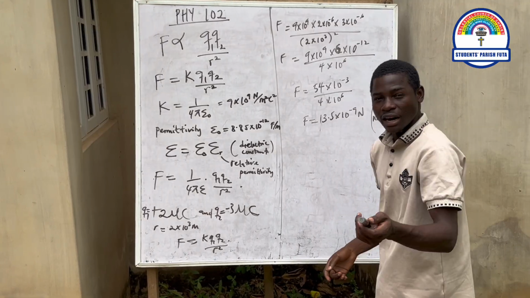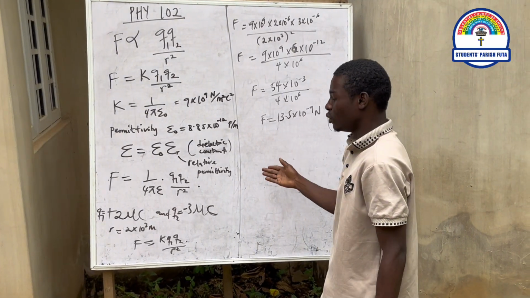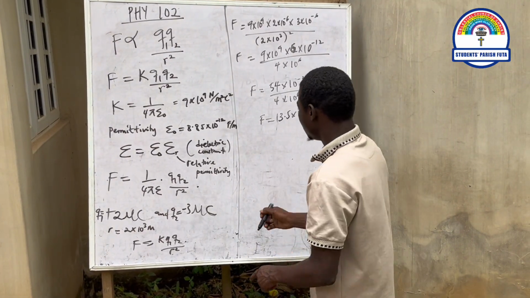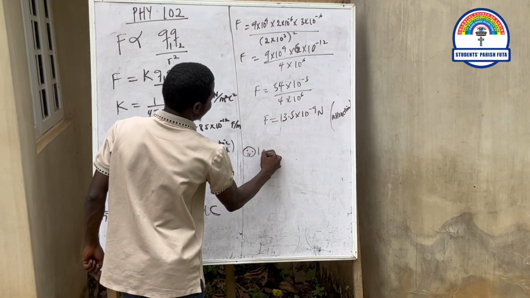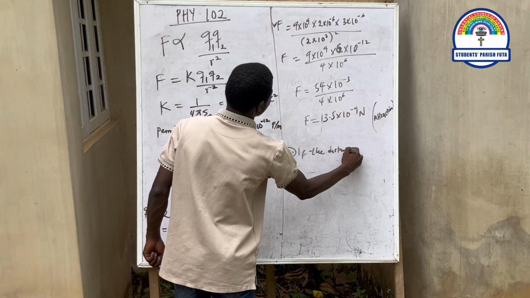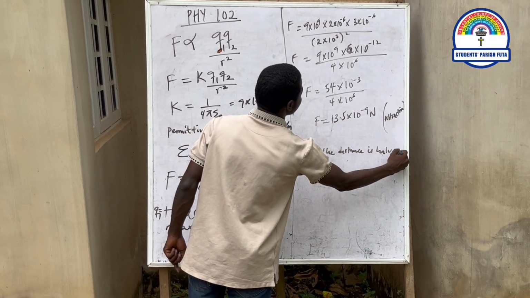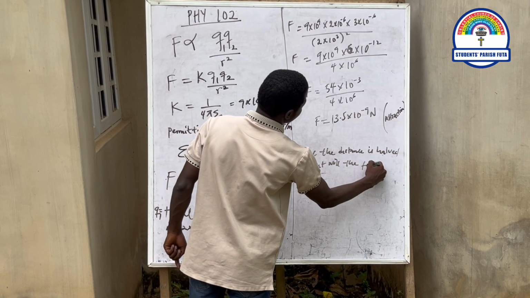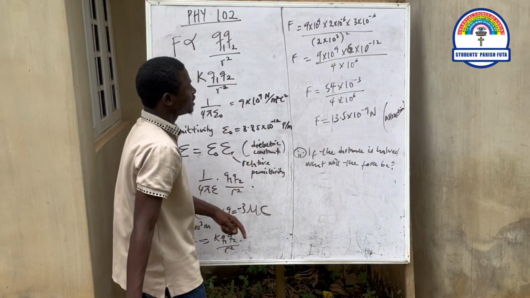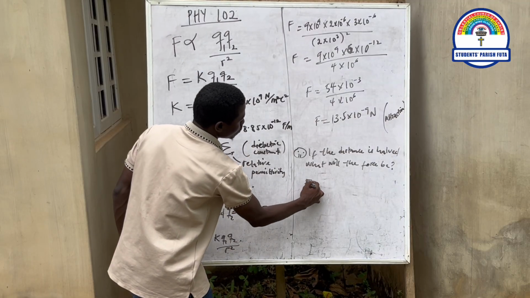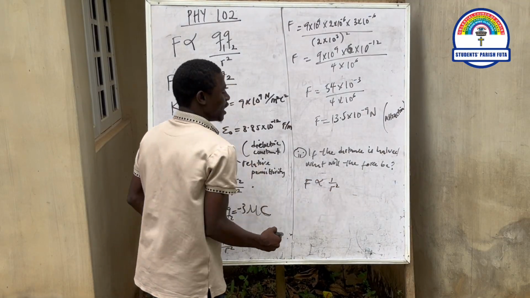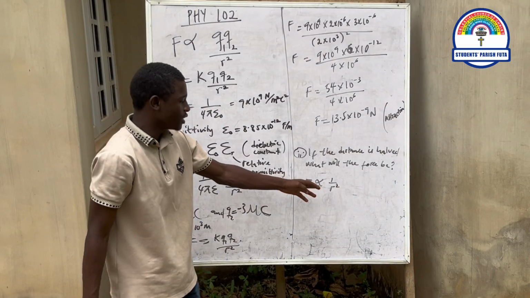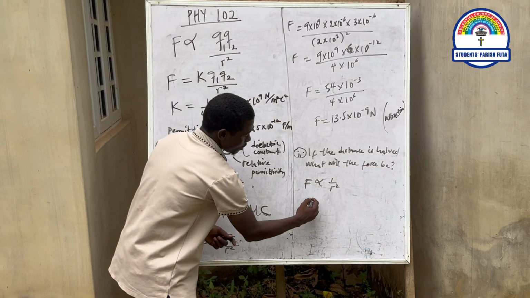Now, the question can go as thus: if the distance is halved, what will the force be? So if the distance is halved, this is the relationship between force and distance. Since other factors are kept constant, only the distance is halved. If you halve the distance, what happens to your force?